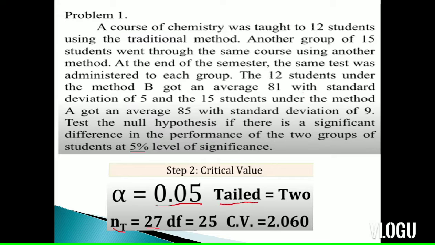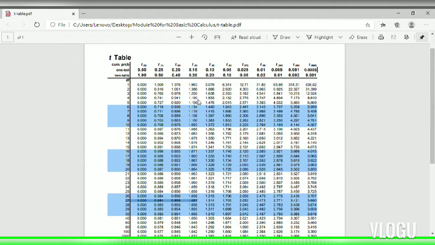Pero kung dependent or comparing sample t-test, the formula is n minus 1. So the critical value is 2.060. Asa nato makita ni? Sa t-table. So let's proceed sa t-table. So let's have the table here.